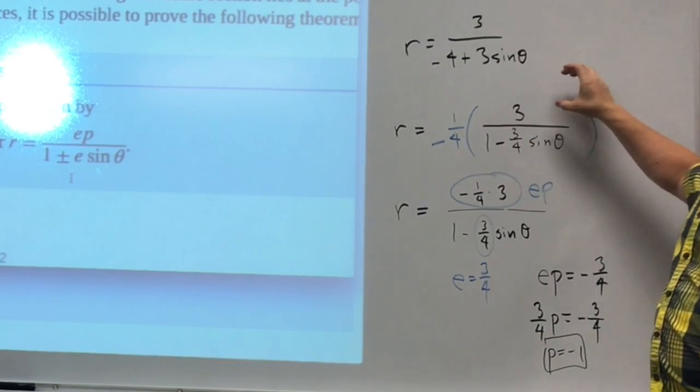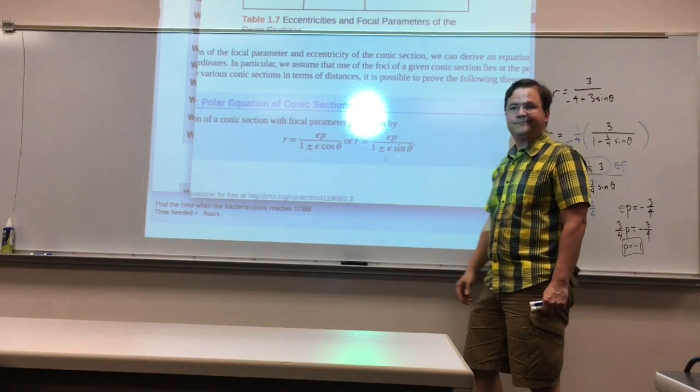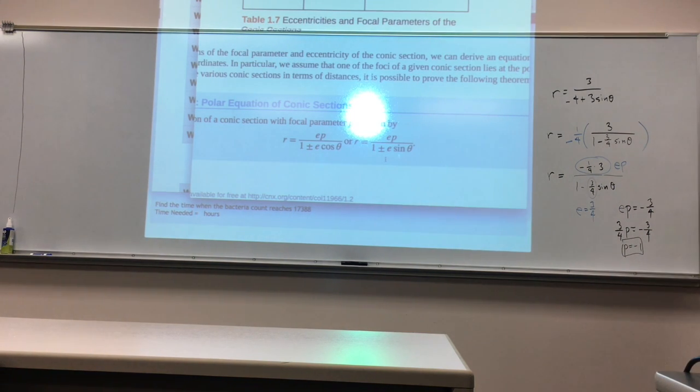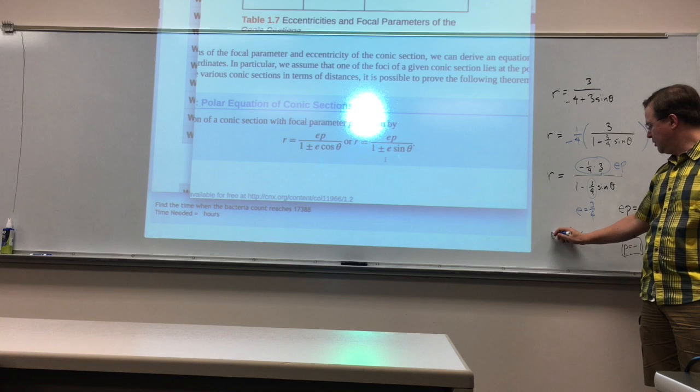It has to be factored into the top, because in this form there are no factors in front of the fraction. So 1/4 of 3 is 3/4, like multiplying fractions. And furthermore, if the eccentricity is 3/4, that puts it between 0 and 1.